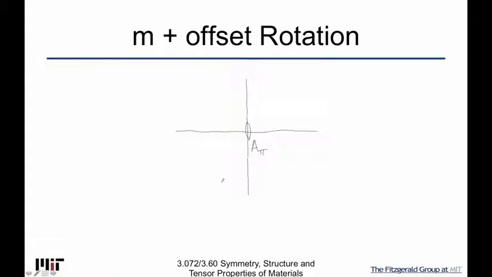So now let's take our true symmetry element that we want to combine with that, which is our mirror plane, the operation represented by sigma. And let's ask what's the equivalent operation.